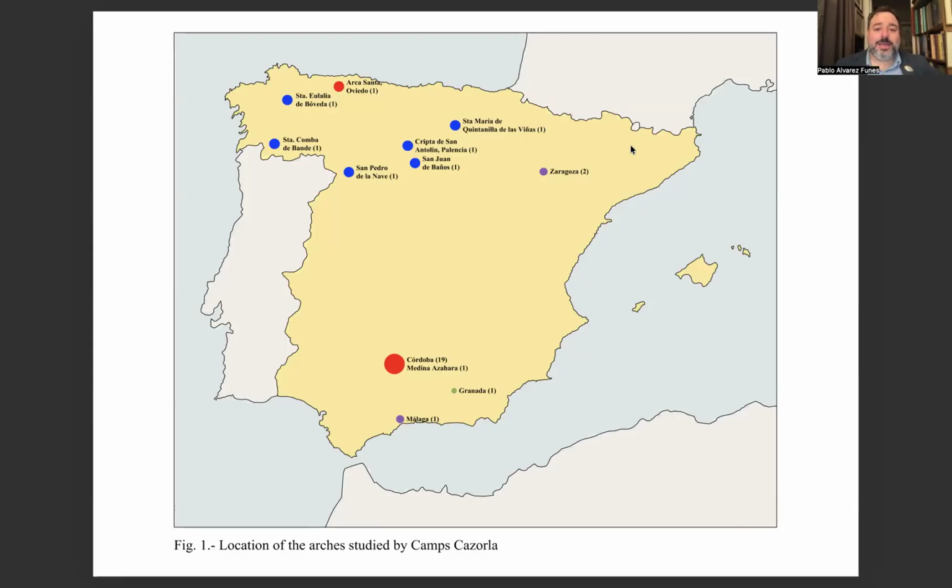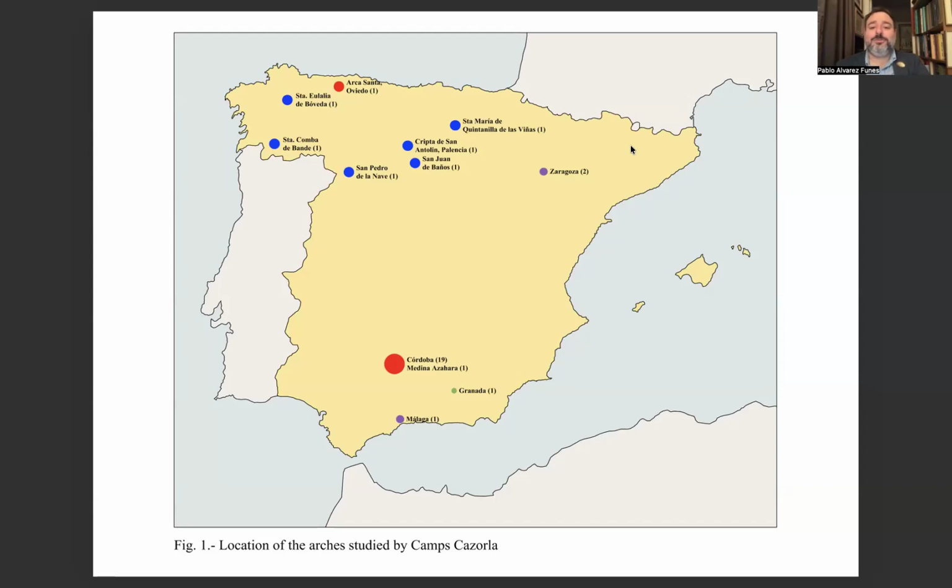Then he has 6 arches from prior Visigothic times. Then 1 arch in Oviedo, which is more or less contemporary to the Cordoba ones. 2 arches in Cordoba, which are later. 1 arch in Malaga, 1 arch in Granada, the 3 of them later. So blue means before, red means contemporary to Caliphal Cordoba, and the other colors mean after. Purple means the immediate century, the Taifa kingdoms, and green means the Nasrid.